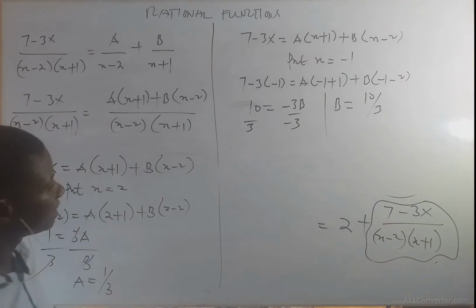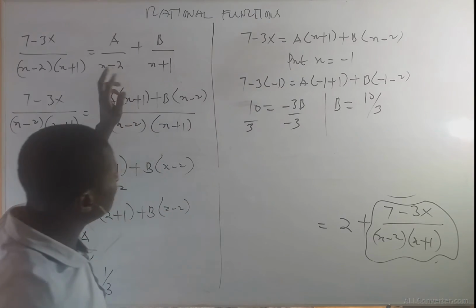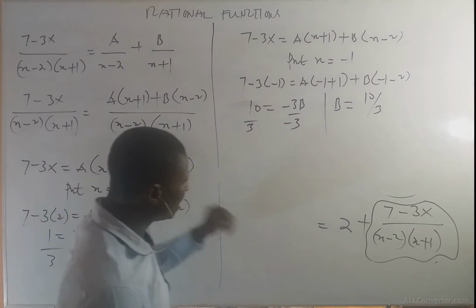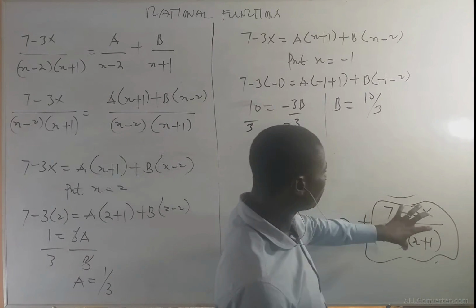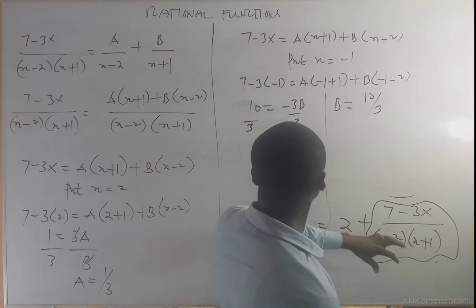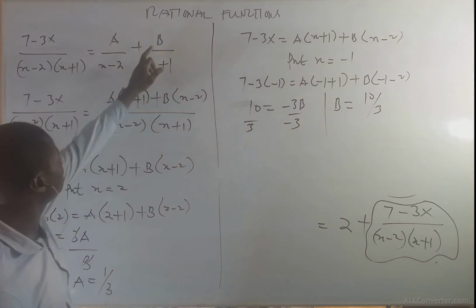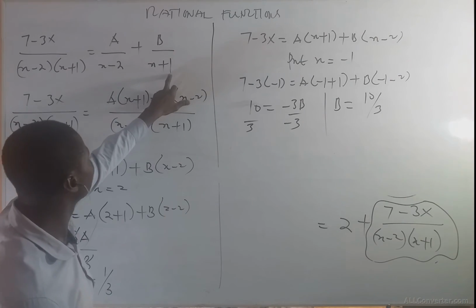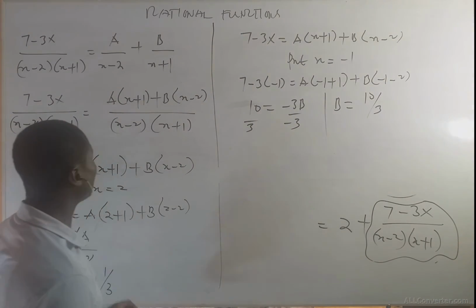Because you realize that when we divided the dividend by the divisor, we had 2 plus 7 minus 3x over x minus 2, x plus 1. And now solving for these alone, that is the denominator with linear factors, we are getting the value of a. A now is 1 over 3, and b now is 10 over 3.